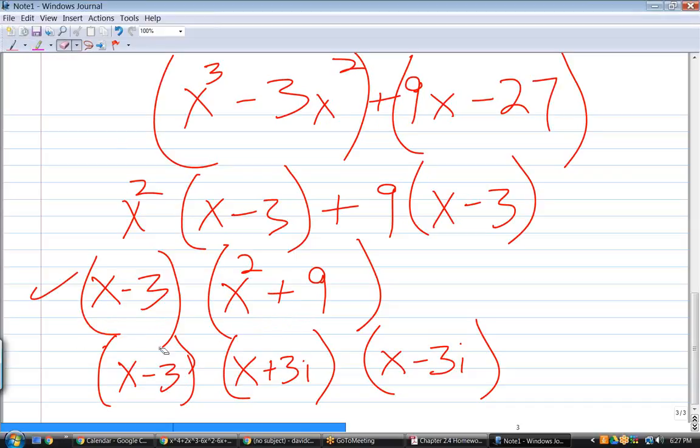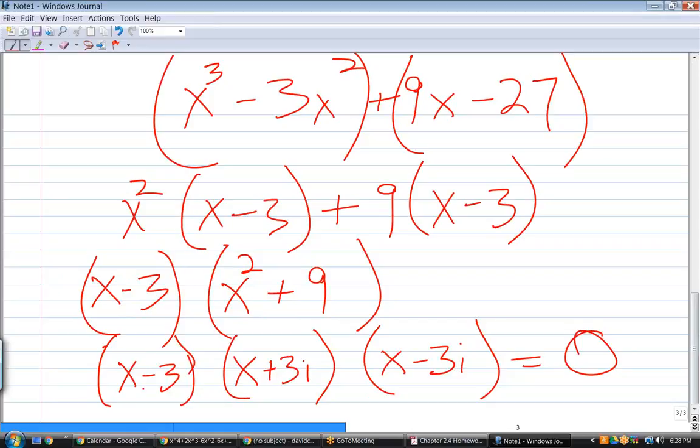Linear also means if you're graphing it, it's a straight line. X minus 3 graphs as a straight line. Quadratics graph as curved lines. Cubics graph as curved lines. So there's a lot to be said for getting something down to its linear factors. For one thing, we find the zeros.